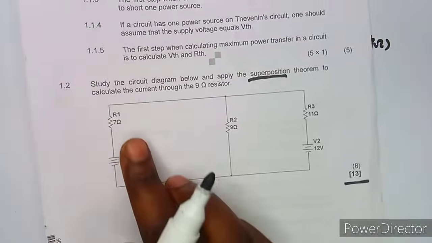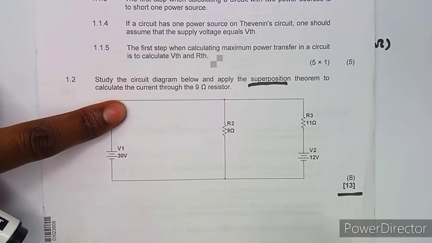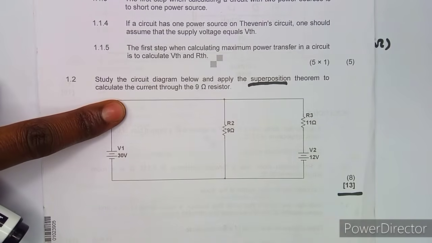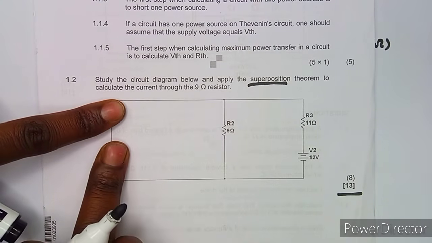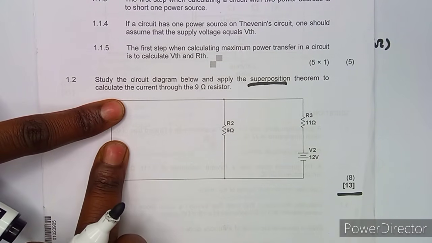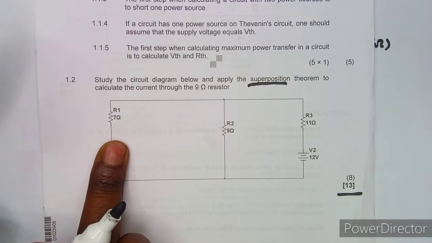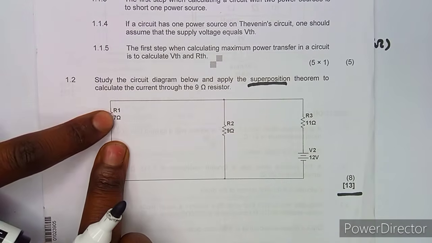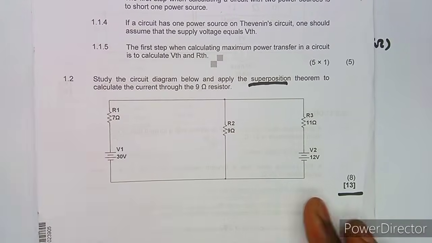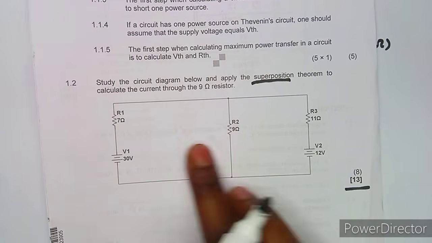If it was just a normal source like this, you are going to replace it with a short circuit. But because of the internal resistor, you are going to replace it with the internal resistor. So this part remains as it is.